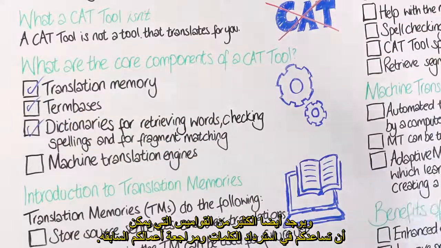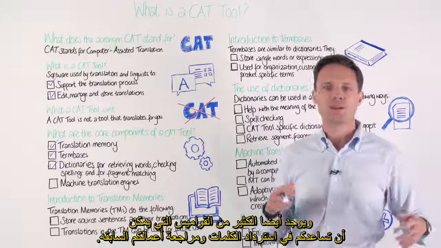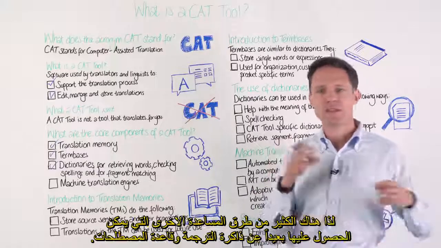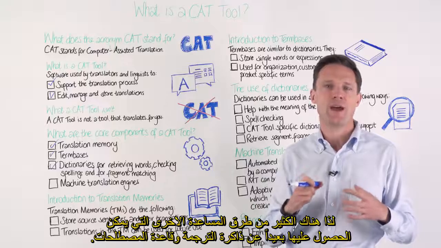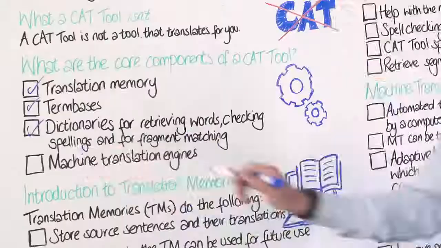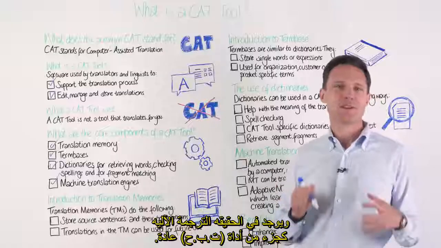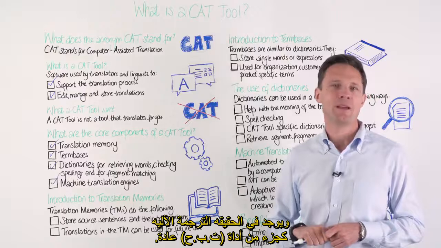There are also lots of other dictionaries that can help you retrieve words and check what you've done before. So there's a lot of other help that you get apart from the translation memory and a term base. And there is machine translation as part of a CAT tool typically.